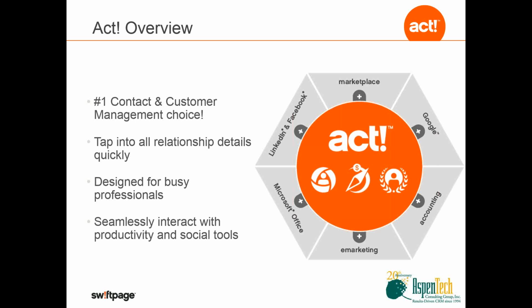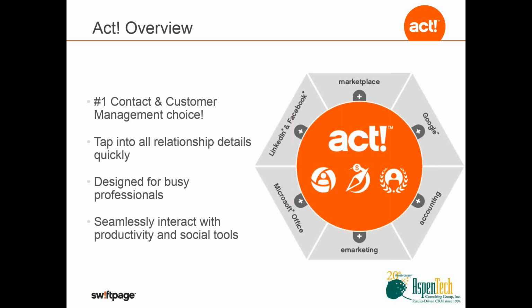So as a basic overview of ACT, ACT is the number one best-selling contact and customer manager for individuals, small businesses, and sales teams that helps them get organized and drive sales results. ACT incorporates many aspects of your business relationships with your leads, your prospects, your customers, and incorporates them into a user-friendly but feature-rich platform.